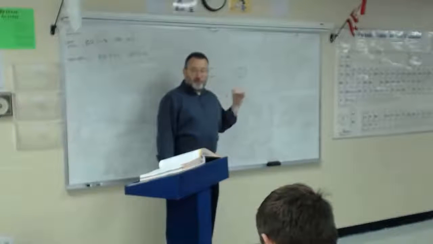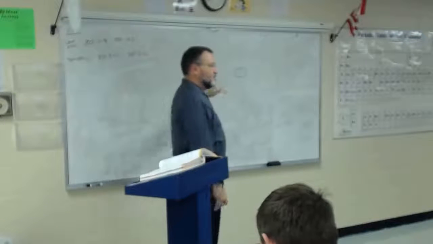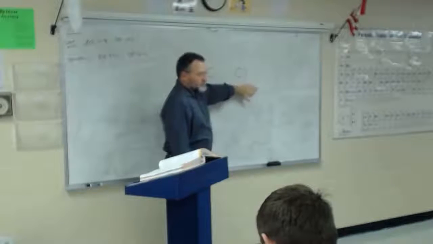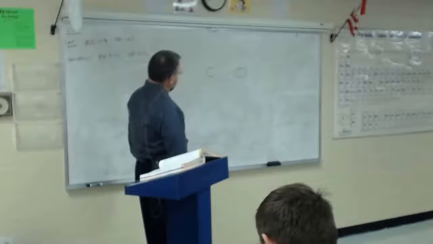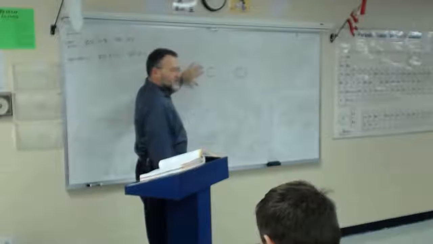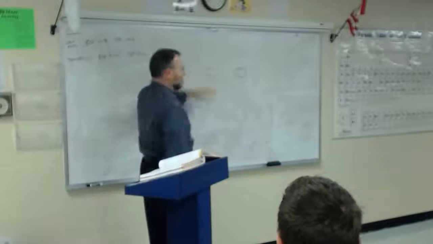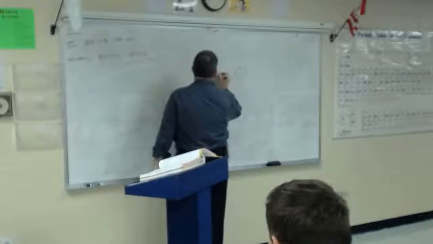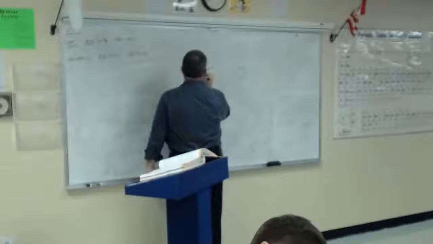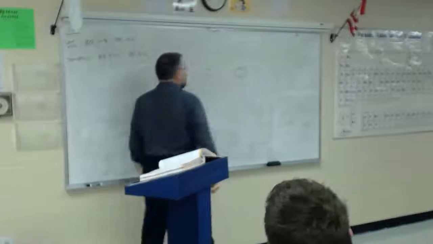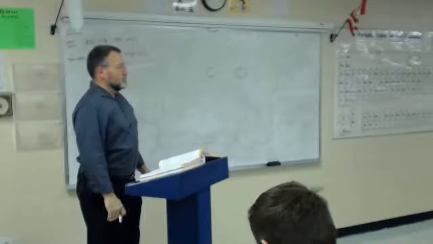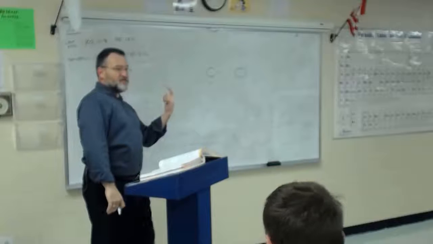What do the Lewis dot structures look like for both of these elements? I'm just going to draw one chlorine for now. Carbon, how many valence electrons? Column 4 element has 4. So 1, 2, 3, 4. Chlorine, you see this column 7 element, right?